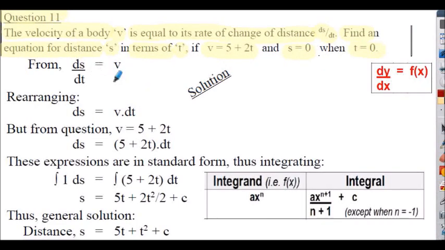From the information given in the question, we commence from ds divided by dt is equal to v. On the next line, we simply multiply both sides by dt, so ds is equal to v dt. But in the question, we're informed that v is equal to 5 plus 2t, so ds can be written as 5 plus 2t in brackets, multiplied by dt.